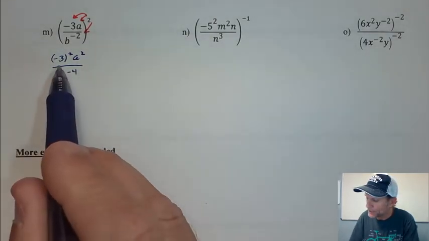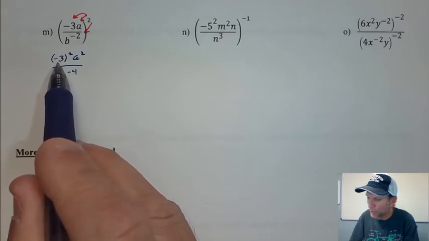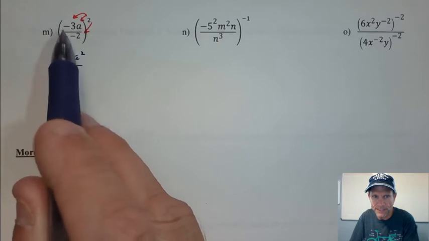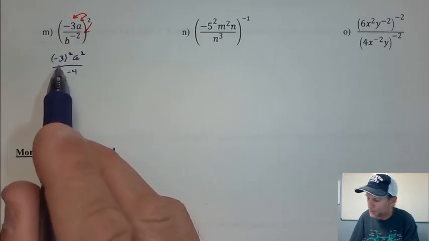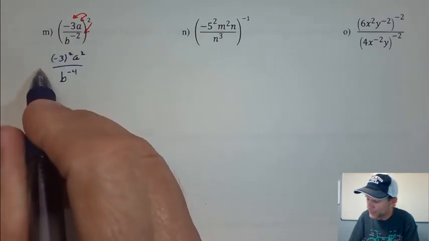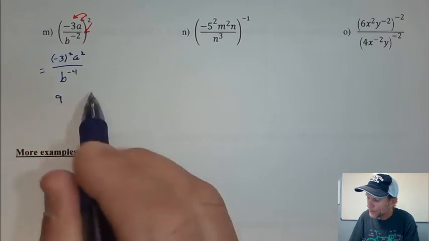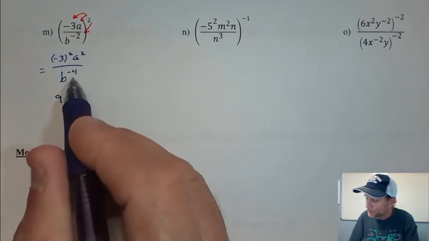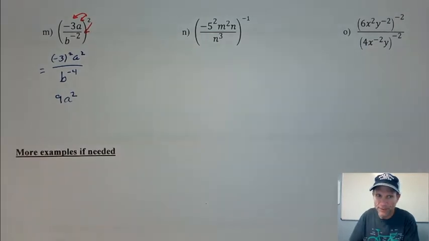Okay, so this is actually the whole -3 squared here, because it's inside this parenthesis. And so when we square -3, we get 9, and then we have a squared, and then this b to the -4 here, we need to think about it.